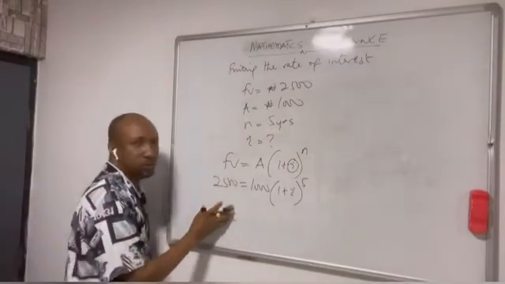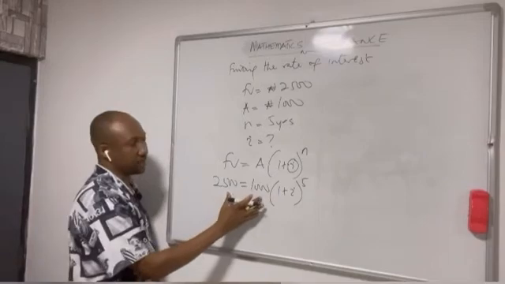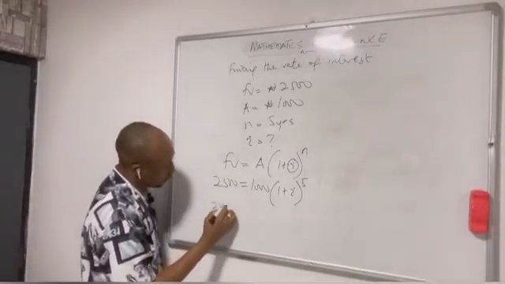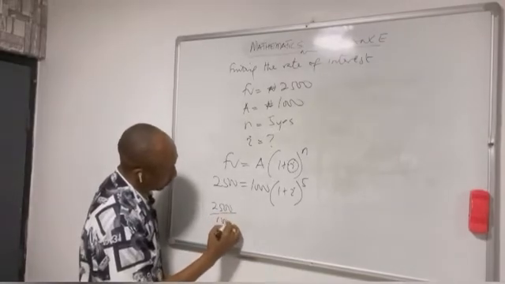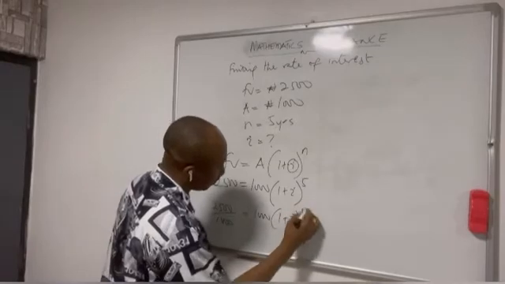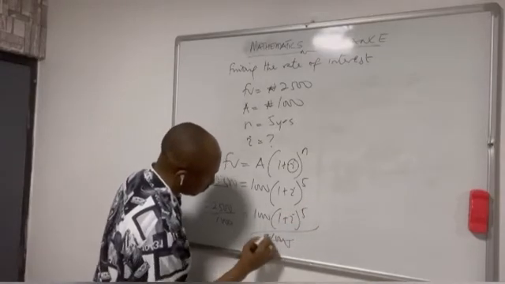So what we do is divide both sides by 1,000. If you divide both sides by 1,000, you have 2,500 divided by 1,000 equals 1,000 into (1 plus i) to the power 5, divided by 1,000. This one cancels out.